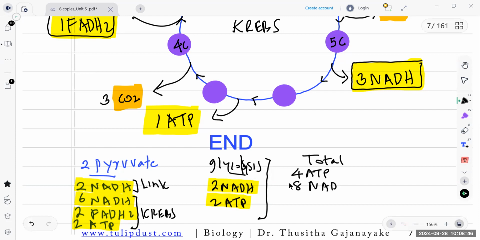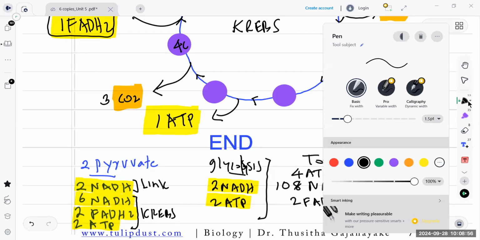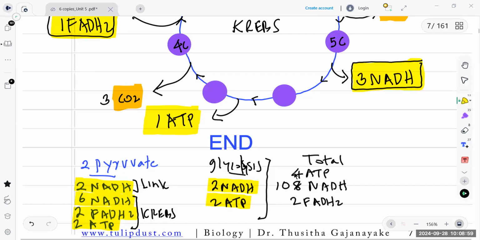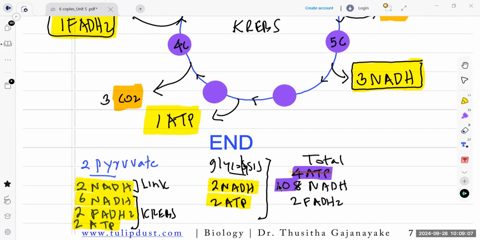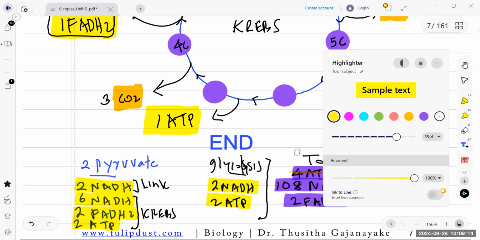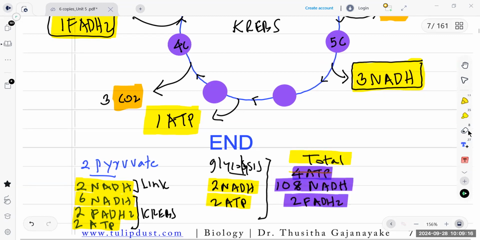So 10 NADH and 2 FADH2, and 4 ATP molecules. That's the total of molecules produced.